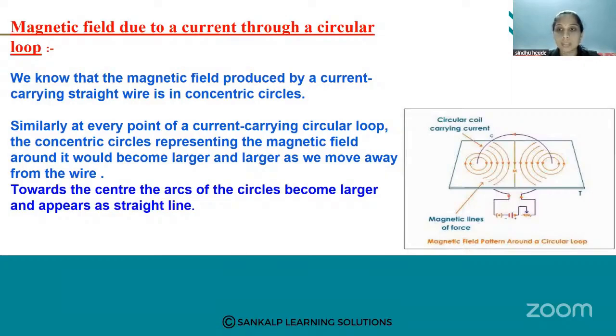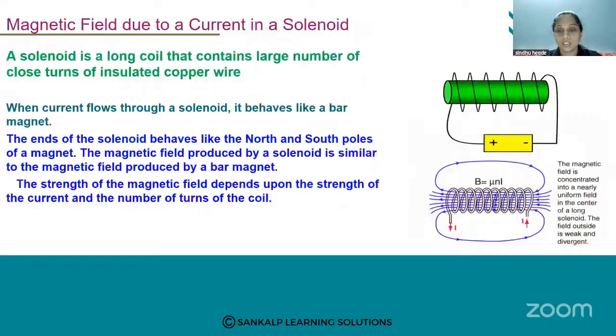The pattern observed in the field lines is again concentric circles, right? When the current direction is changed, the field line direction also changes in the circular loop case too. This one is studied.